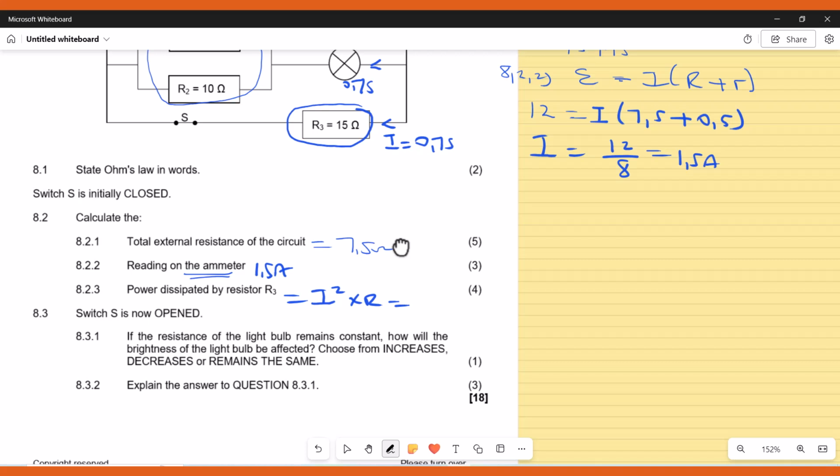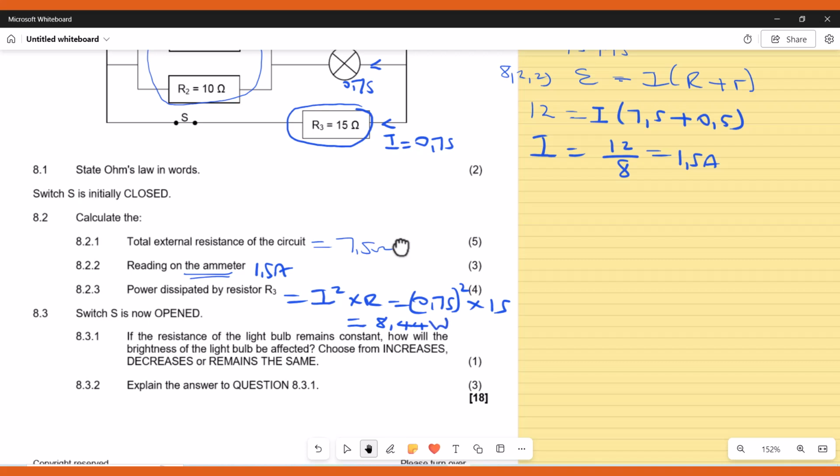My I is 0,75, so 0,75 squared times 15. On the calculator, 0,75 squared times 15 gives me 8,44 watts. That's my power.